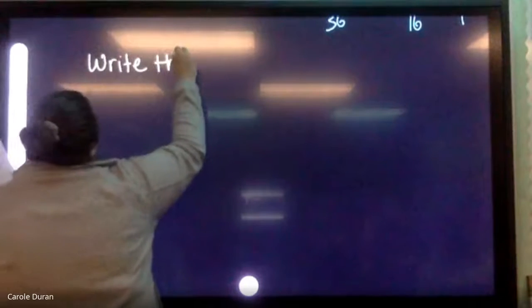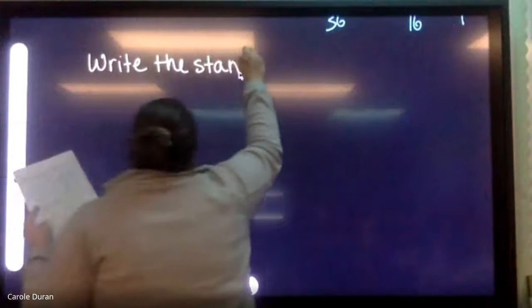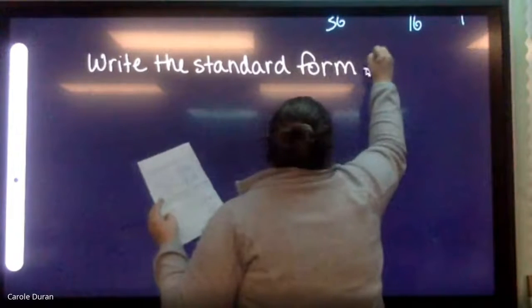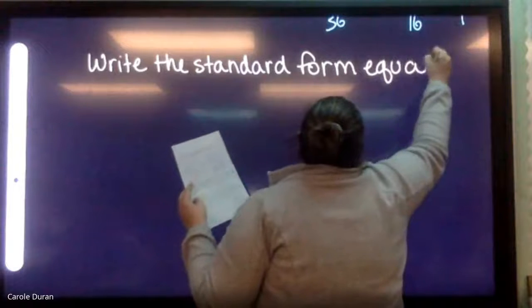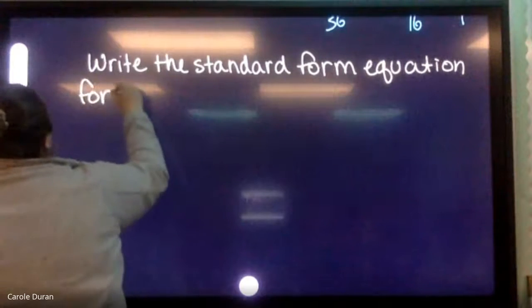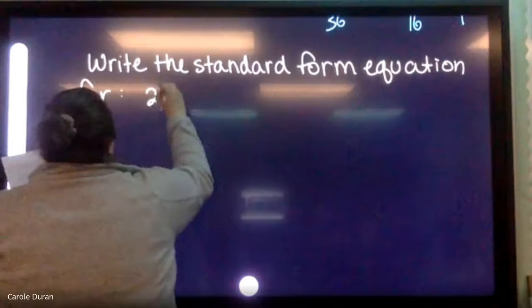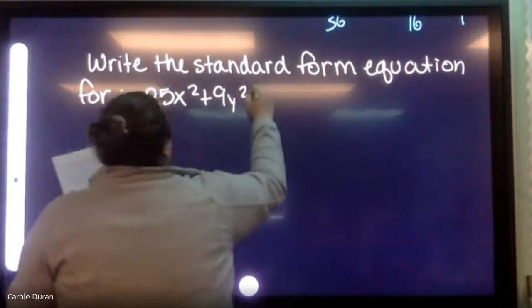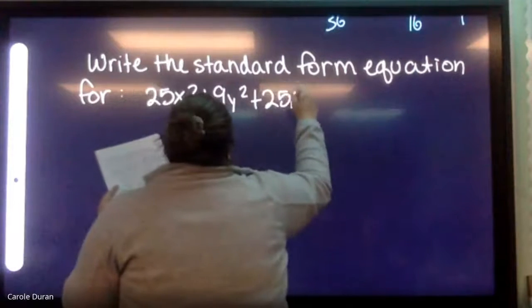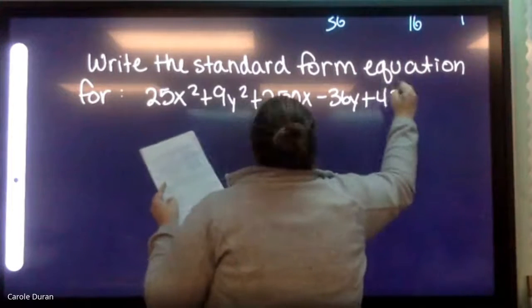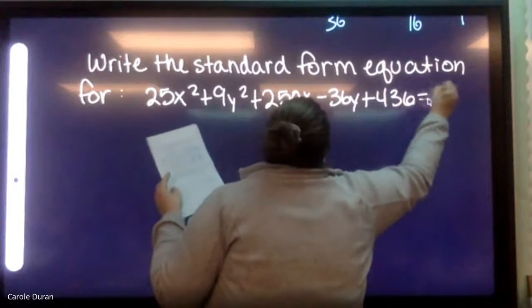Okay, so we want to write the standard form equation for the ellipse 25x squared plus 9y squared plus 250x minus 36y plus 436 equals 0.